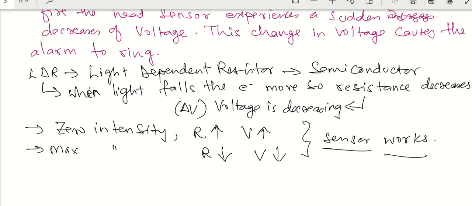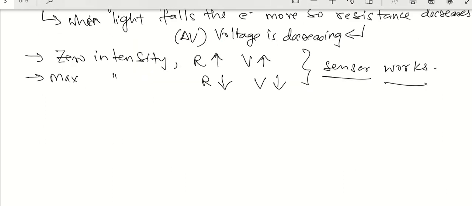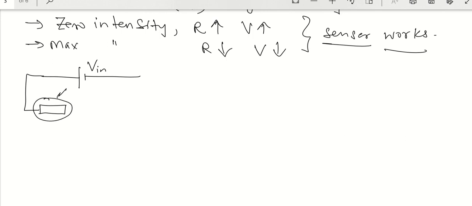based on this idea. So the circuit is the same, the only thing is in an LDR circuit the device will look different, that's all. There is nothing big in that. So I will have this V input and I am going to have the LDR here, and then I have this light coming here, and then I have the second resistance here.